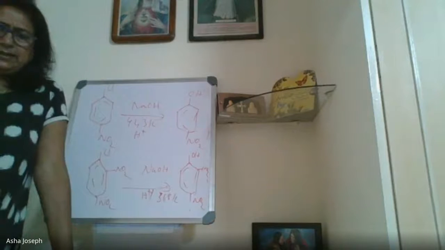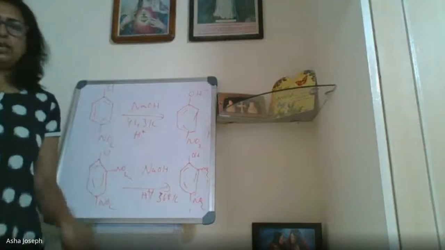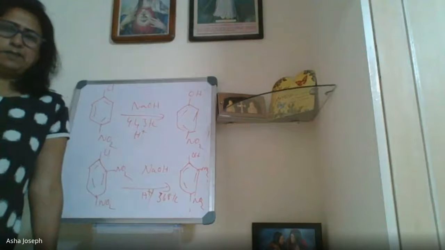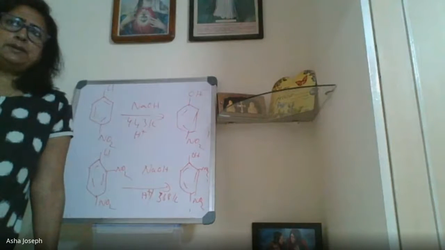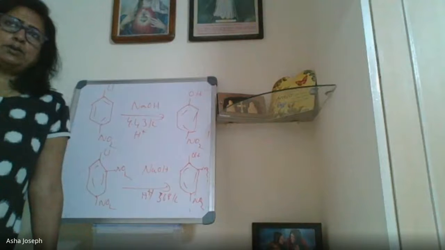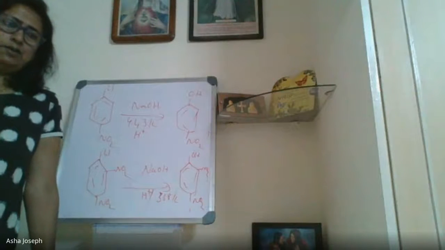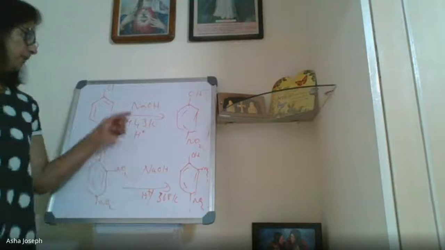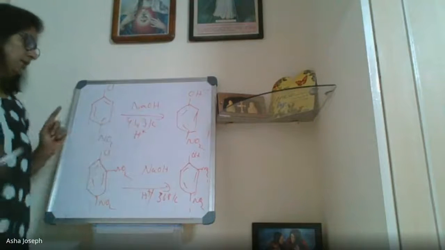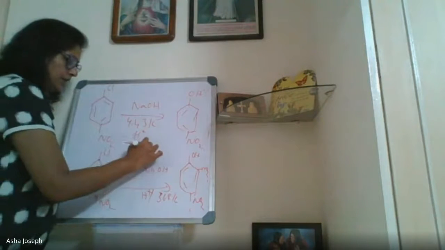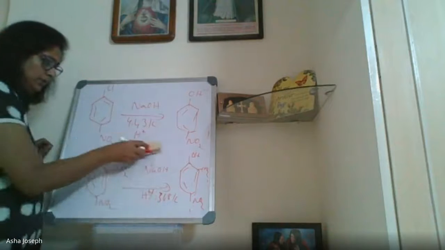It will be NaCl, but I put it above the arrow. So in the book, if they put it, it is easy for you. But some very important reactions they put the byproduct also. That only you learn. In organic, it is like that. Sometimes they will put here only minus NaCl. That way also they put.